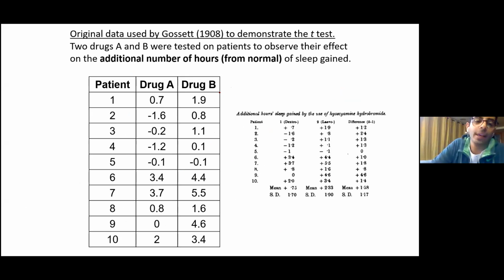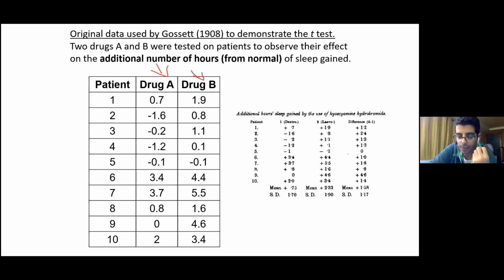So here, what they did was a dependent samples t-test. They got just 16 patients. They first gave them drug A, then they waited like a week, and then they gave them drug B. Now, they assumed that everyone sleeps 8 hours. So they marked that 8 hours as the null value, as 0. If someone slept 9 hours, they would collect that data as 1.